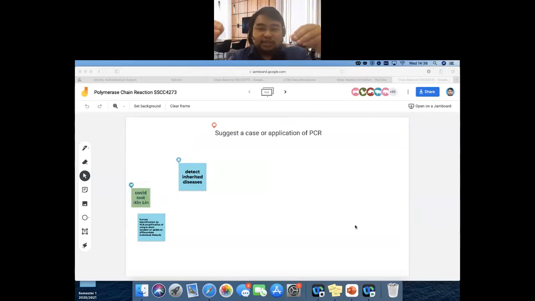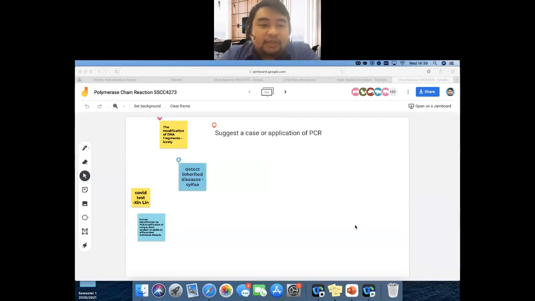So these mutations also can be used to detect diseases, such as cancer, or any other diseases that are related to your genetics. All right. Okay. Any other? The modification of DNA fragments. Yes. So usually that is for the mutation. Okay. Any more?